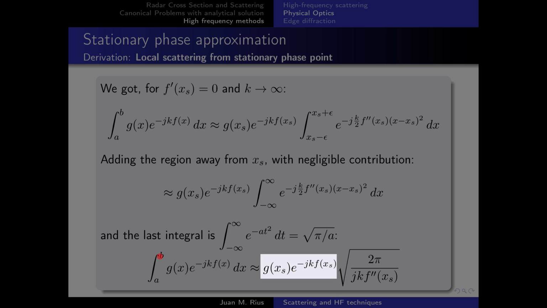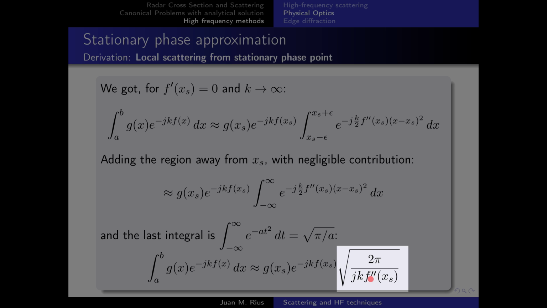This is just the induced physical optics current times the phase exponential, evaluated at the stationary phase point, times a factor that comes from the curvature of the surface.